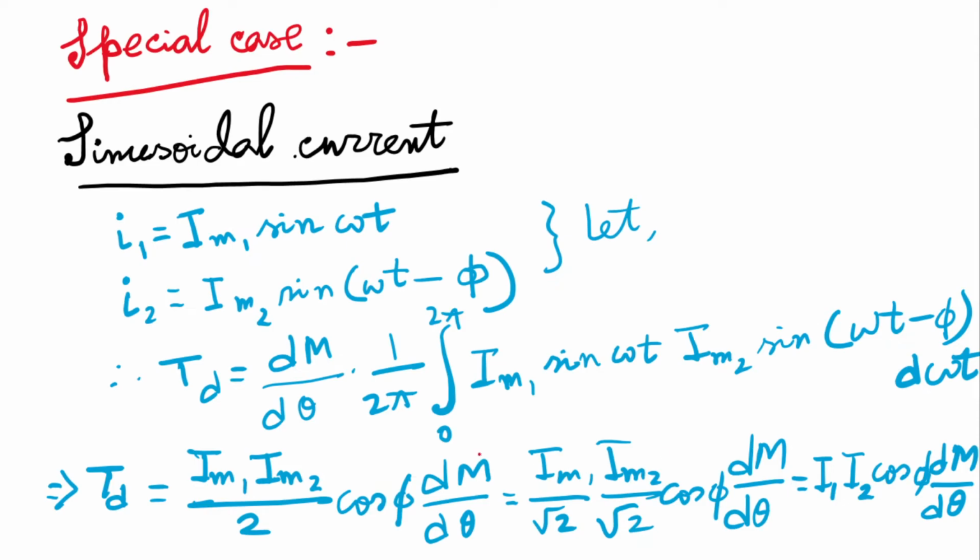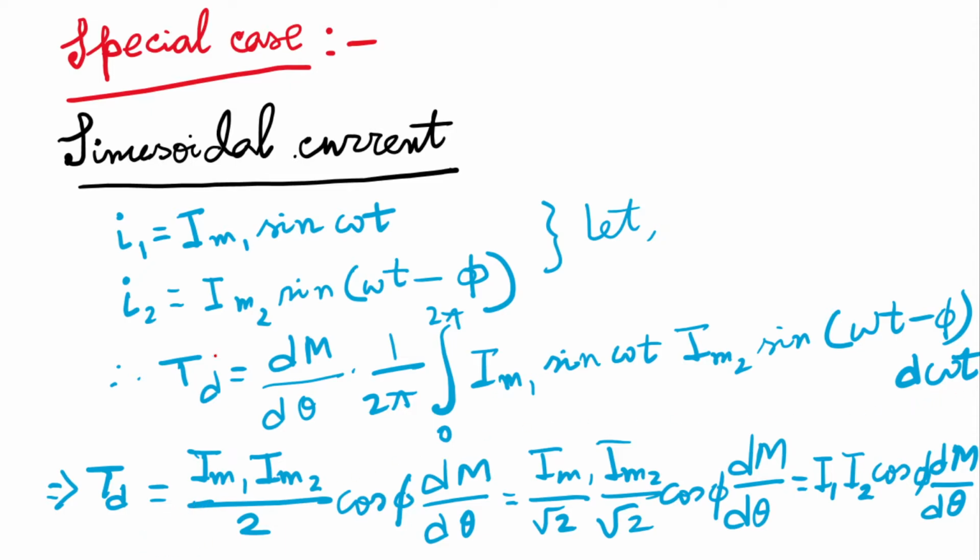But in a special case, if only sinusoidal current is concerned, then let I1 be Im1 sin ωt, and let I2 have a phase lag of φ, so that will be Im2 sin(ωt − φ). So now what will be the expression for Td? dM/dθ 1 by τ, here for sinusoidal τ is 2π, so the integration limit is also from 0 to 2π, Im1 sin ωt, Im2 sin(ωt − φ) d(ωt).